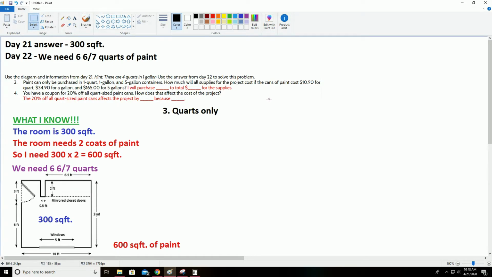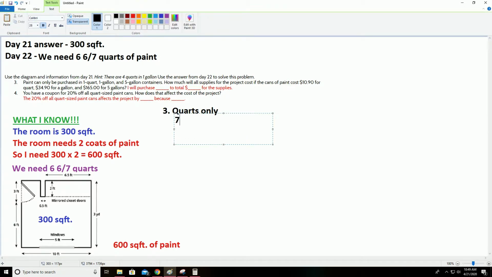I want to figure this out, and if it were me, just like you, if we're going to buy something, I'm going to buy whatever the cheapest price is if I'm buying the same thing. So I'm going to look at this kind of like a unit rate in a way, but I want to look at what's the cost of 7 quarts for this amount versus buying some gallons or a 5-gallon bucket. So let's get started.